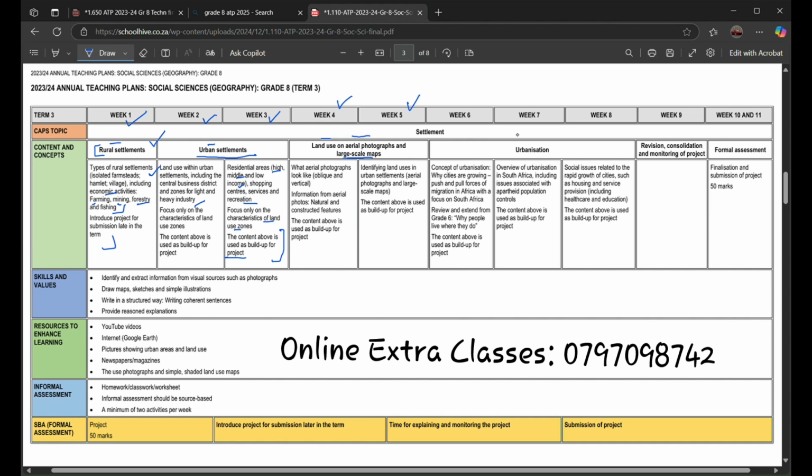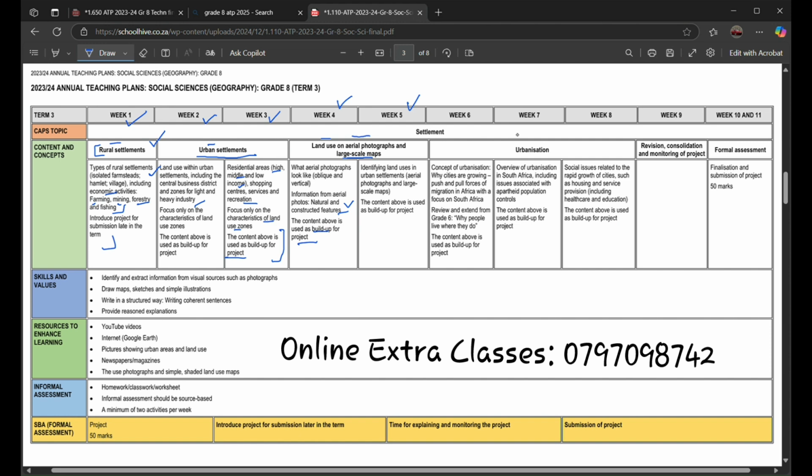Okay, so here we will need to understand what aerial photographs look like, and we will also need to understand the information from the aerial photos, which may include natural and constructed features. Again, after covering those components, this will also build up for the project that we will need to do.